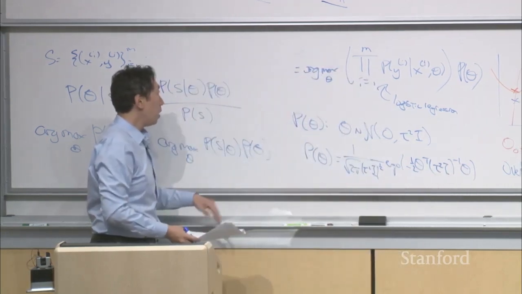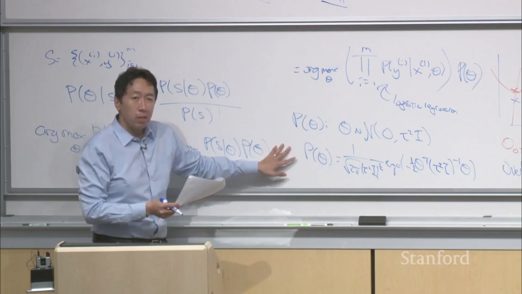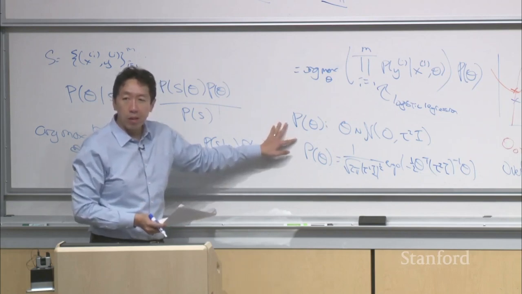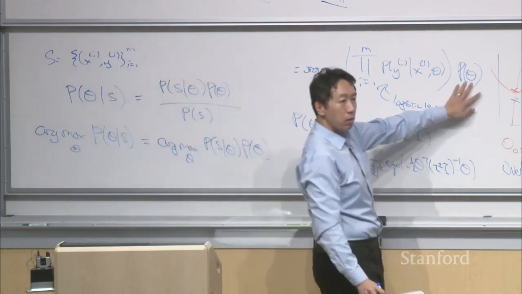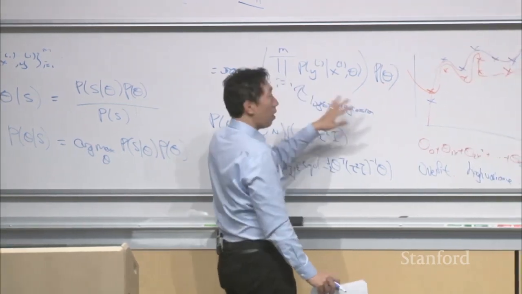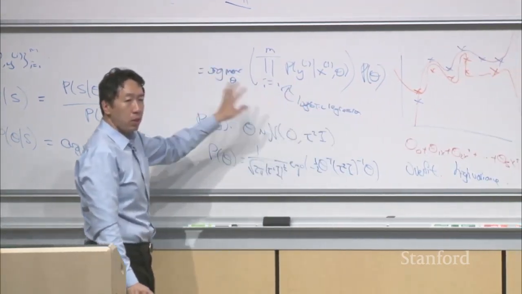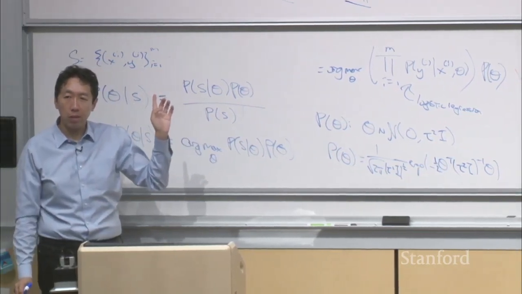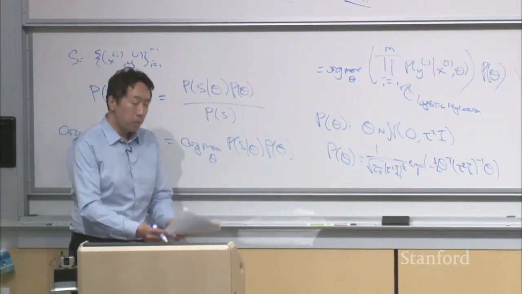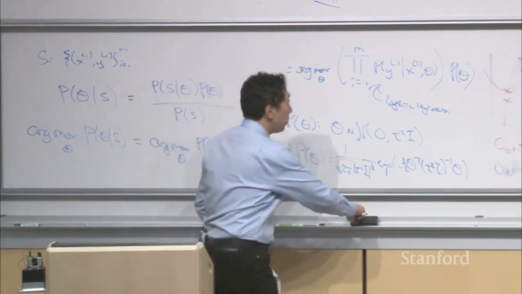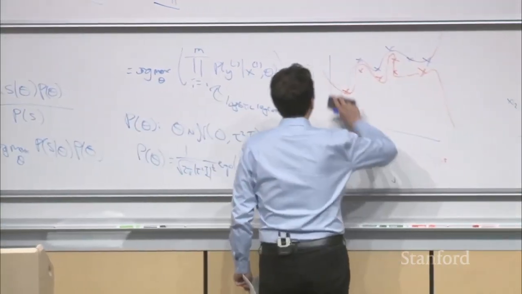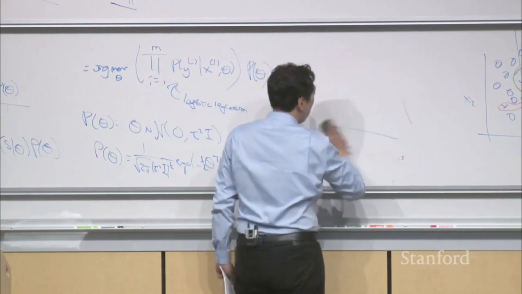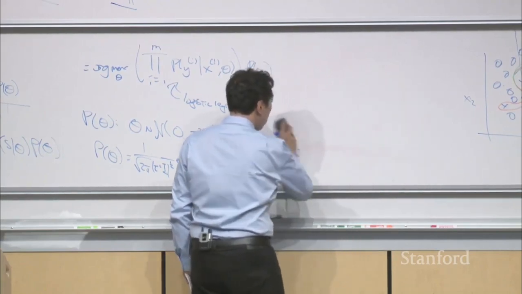It turns out that if this is your prior distribution for theta, and you plug this in here, and you take logs, compute the max, and so on, then you end up with exactly the regularization technique that we found just now. Okay? And so in everything we've been doing so far, we've been taking a frequentist interpretation.